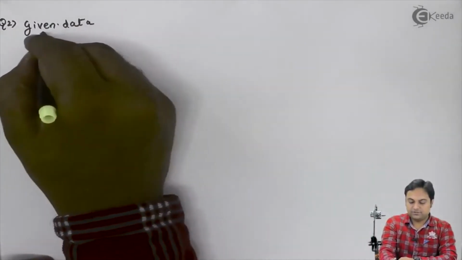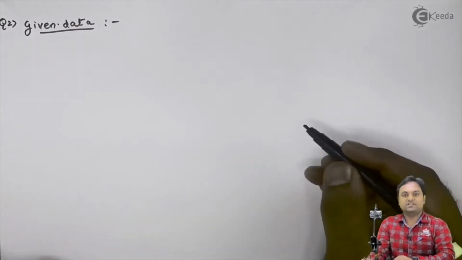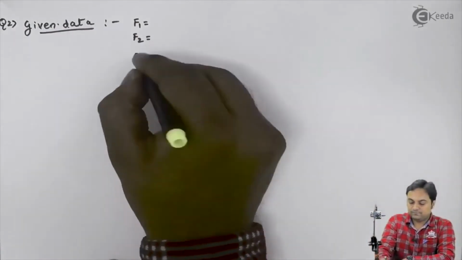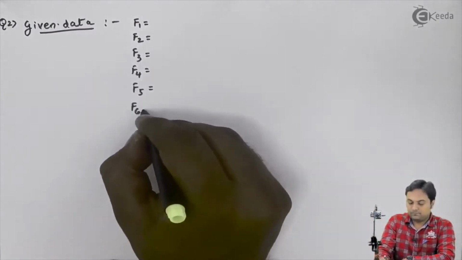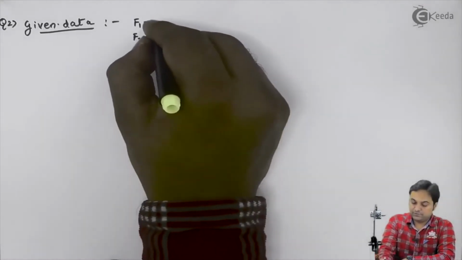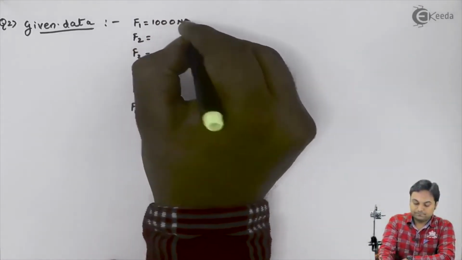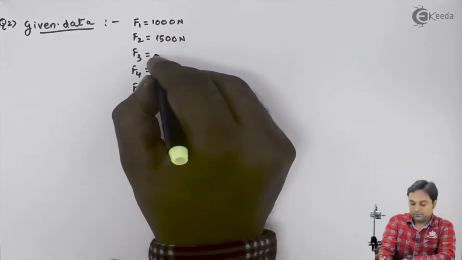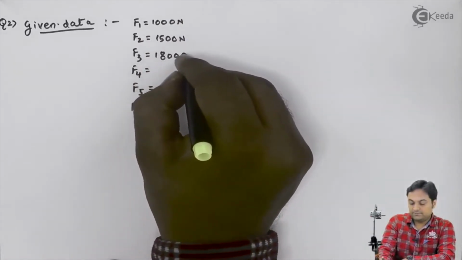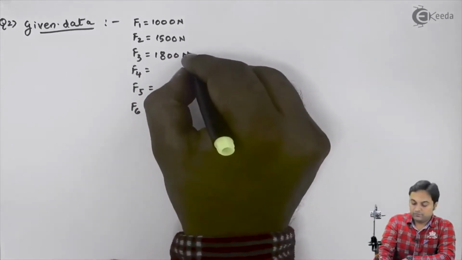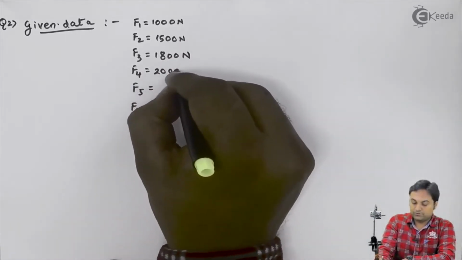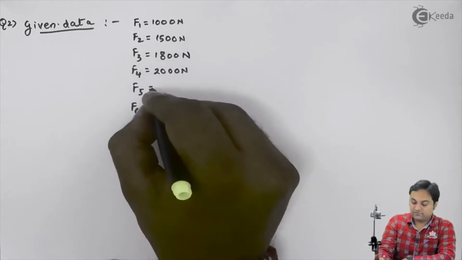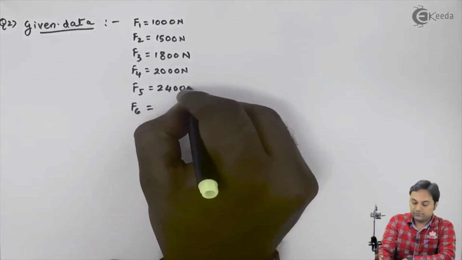Here in this question, they had given us 6 forces. First force is 1000 Newton. Second one 1500. Third is 1800. Fourth force 2000 Newton. Fifth 2400 Newton.